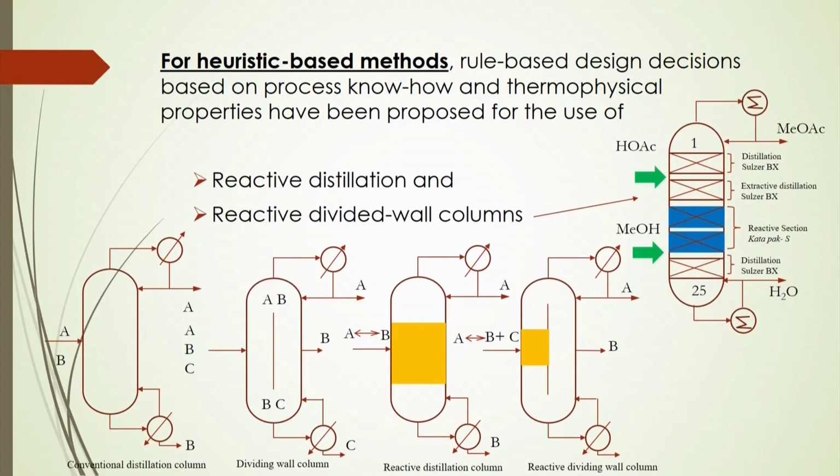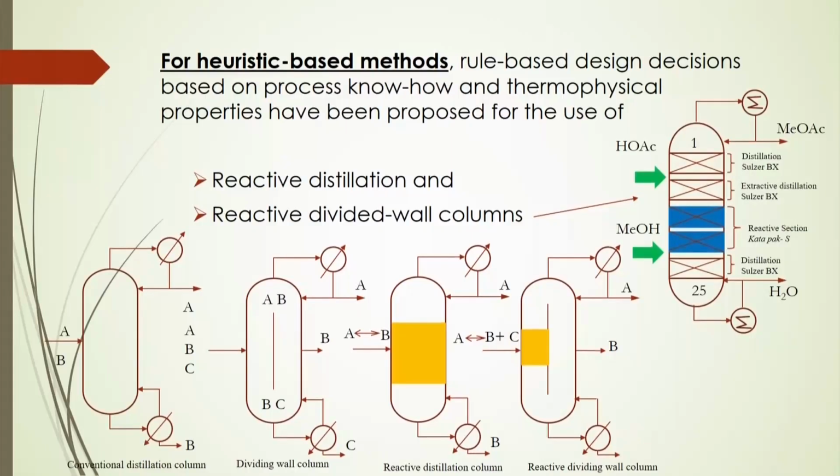First of all, A and B will give the product C, and A will give you the products B and C, and you have to separate A B C by this dividing wall column. So here we will see that B will be separated from A and C from the top and bottom parts of the column.